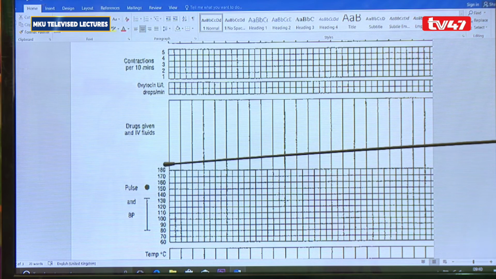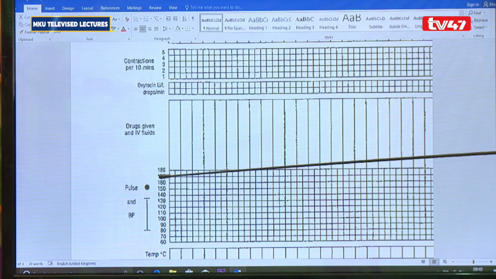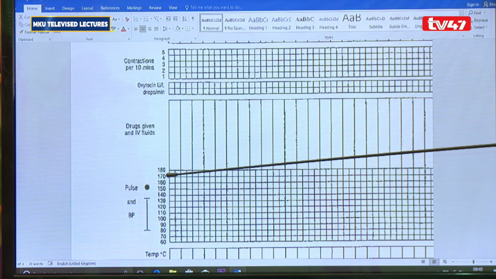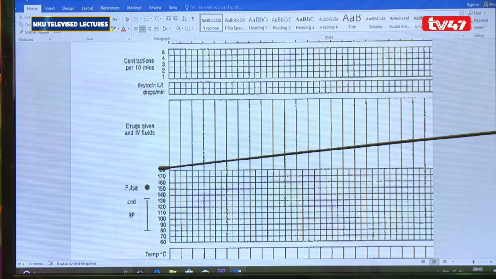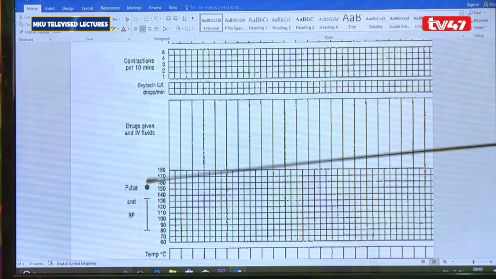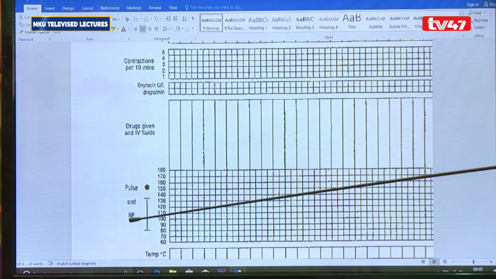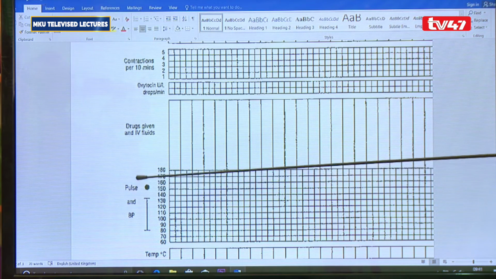These measurements go up to 180. 180 is not for a pulse rate, because no mother will be alive with a pulse rate of 180 beats per minute. So this is for the blood pressure. As you can see, the blood pressure and the pulse. BP denotes blood pressure. Pulse denotes the heartbeat.